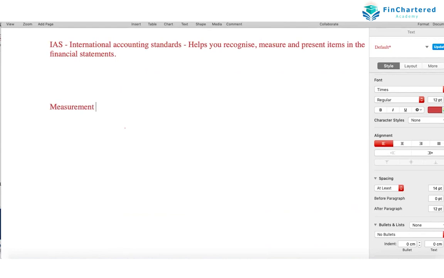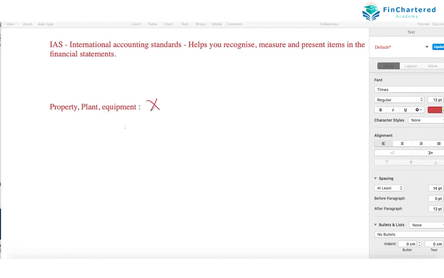Obviously, in the financial statements, when you put something as property, plant, equipment, you will need to give it a value. Maybe 100, 200, maybe 5,000, maybe 1 lakh, maybe 1 crore, maybe 10 crore, some number needs to be put here. And measurement helps you in that.